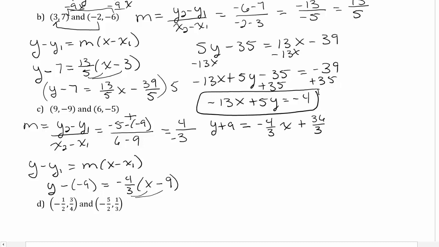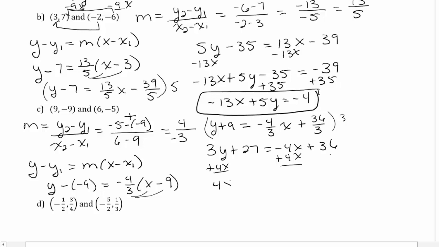And now we want to get rid of all of our fractions. So we're going to multiply everything by 3. We could simplify this, but we're going to multiply by 3 anyways, so it doesn't really matter. So we'll have 3y plus 27 equals negative 4x plus 36. Now we want to gather up the x and the y together, so add 4x to both sides.